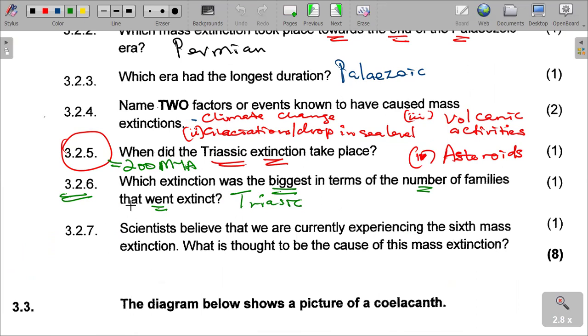Question 3.2.7: the cause of this sixth mass extinction is human impact on the environment.